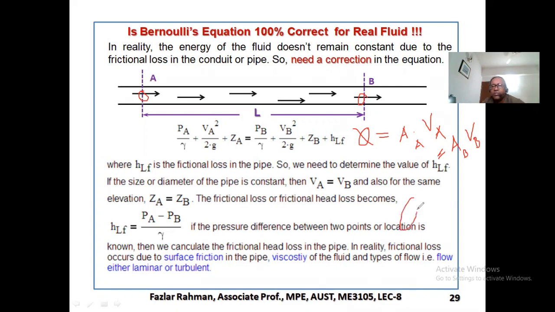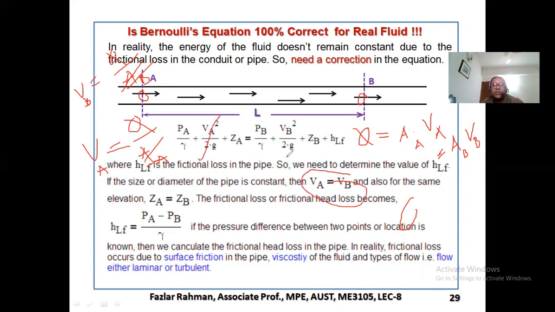So V equals Q by A at point A, that will give you the velocity at point A. Similarly, velocity at point B is Q by area at point B. But this area is the same, and Q obviously is the same. So in that case, you get VA equal to VB.